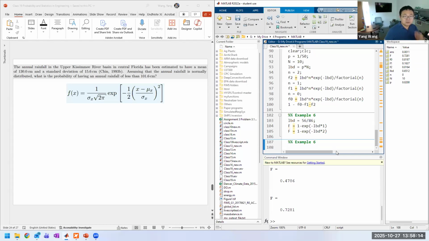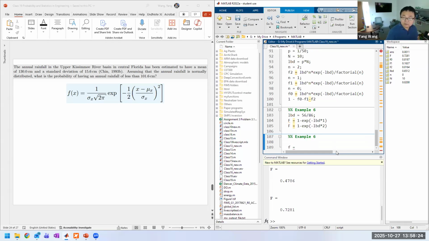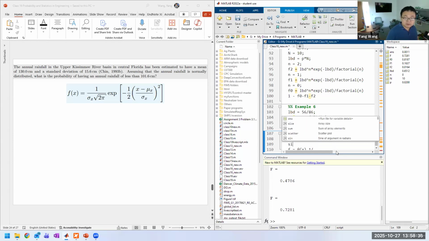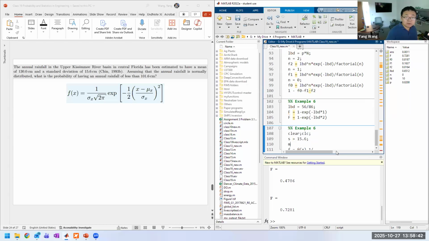So you're integrating the probability function from 0 all the way to 101.6. Since we're talking about the integral, we have to use the integration function. Here I will just skip the symbolic mathematics. Let's define f as a function of x, with sigma, or s, being 15.6 and the mean, mu, being 130.